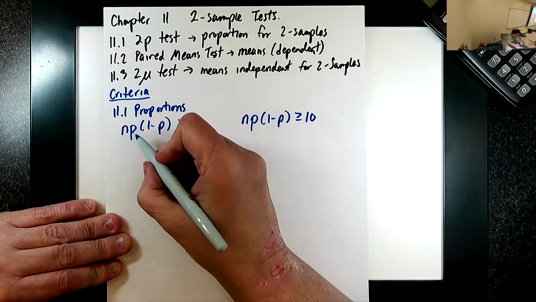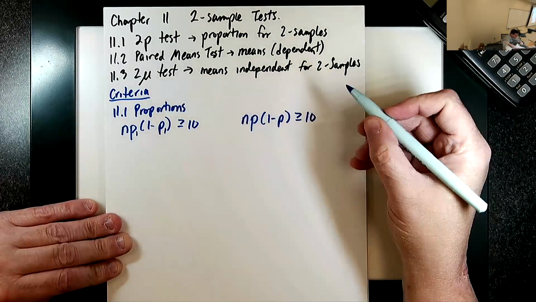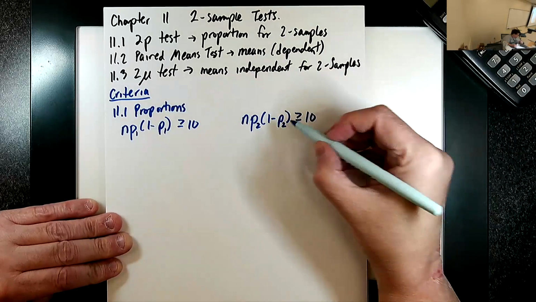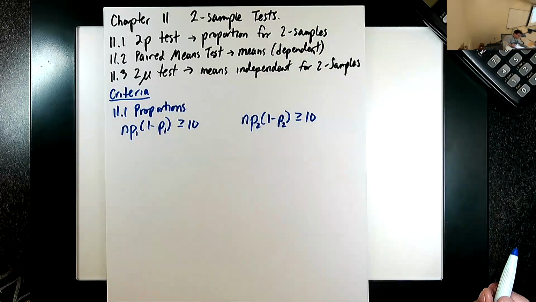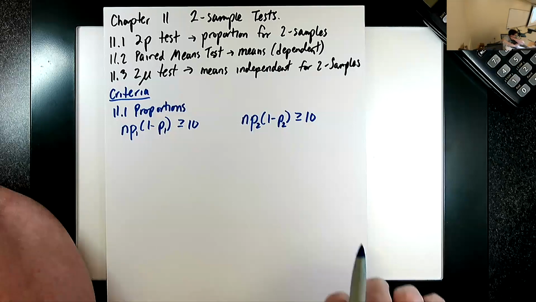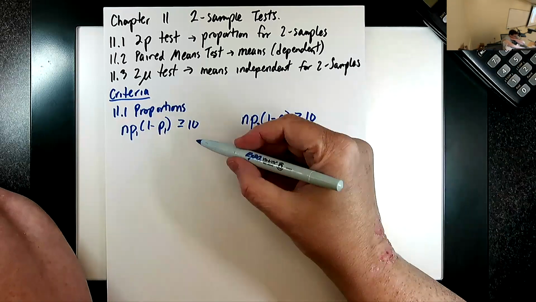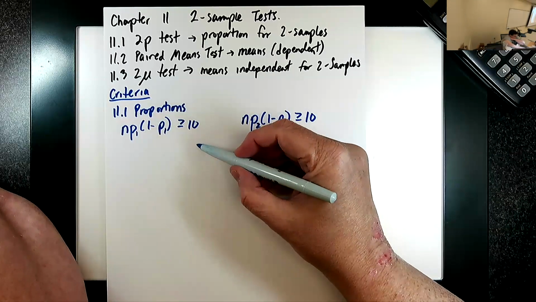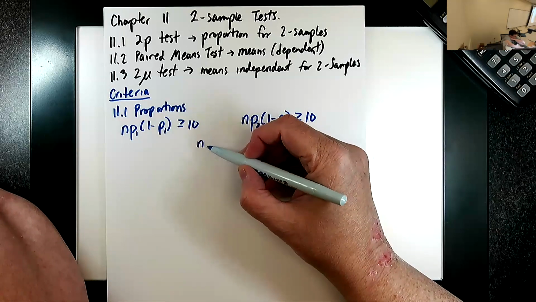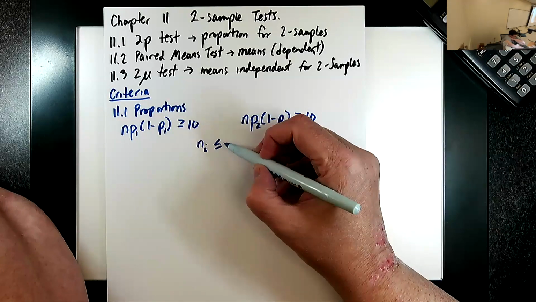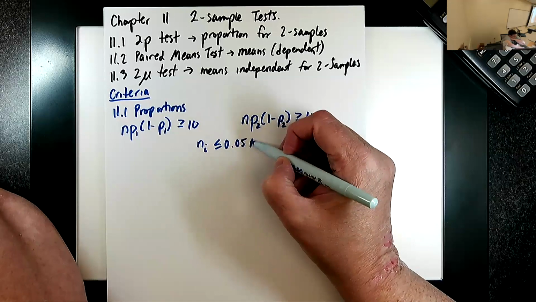We got to do it for the proportions in group 1 and the proportions in group 2. You also still need n for each group to be less than or equal to 5% of the population.